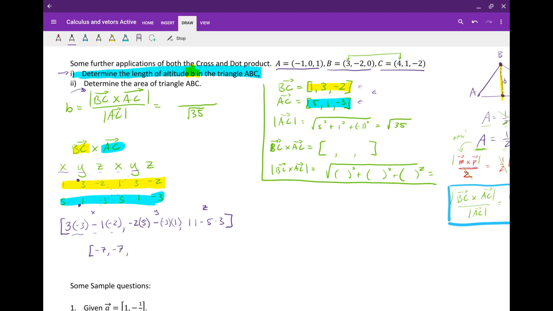And then I've got a 1 times 1 minus 15, or 1 minus 15, it's a negative 14. Interesting cross product there, right? -7, -7, and -14.